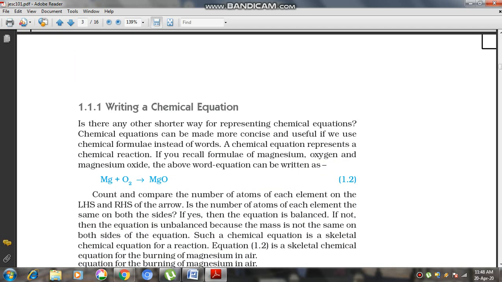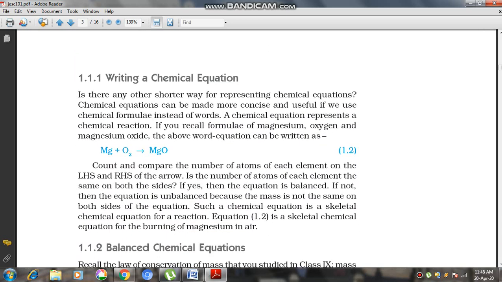So, how can we write a chemical reaction, and what is the role of a chemical equation in a chemical reaction? Is there any way shorter than this for representing chemical equations?